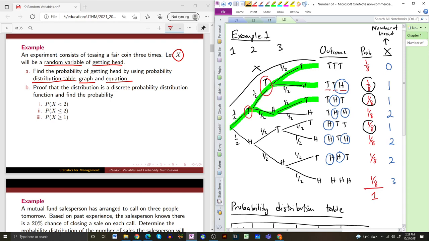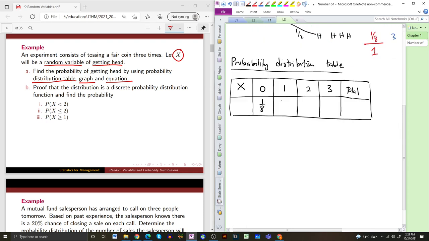So just now 1/2 times 1/2 times 1/2, you get 1/8, isn't it? But whenever you want to jump from one branch to another branch to find the probability, you add. You will get 3/8.